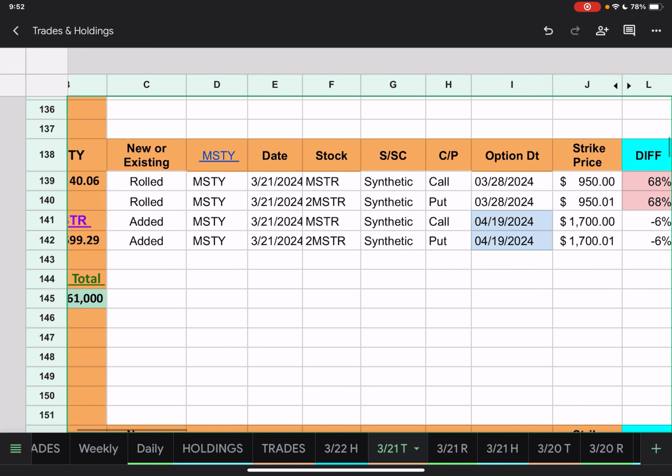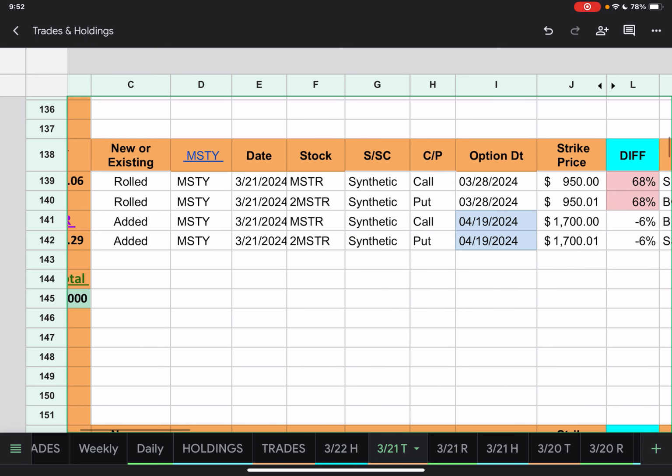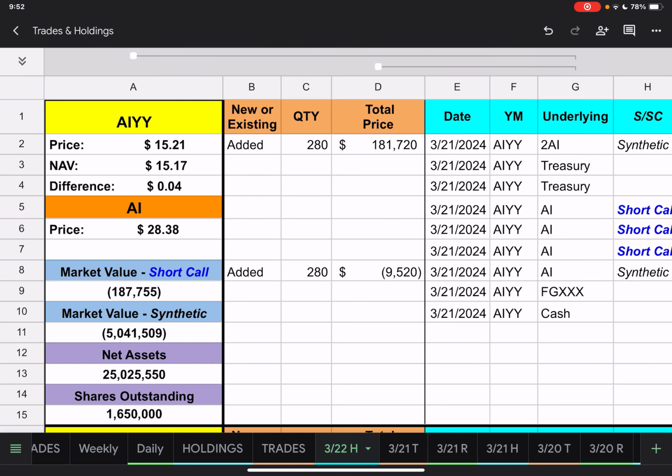So if we go over here, you can see that the total trades, they brought in almost $11.5 million. So I just wanted to show you in case I forgot on the other side, but that way you could actually see those.